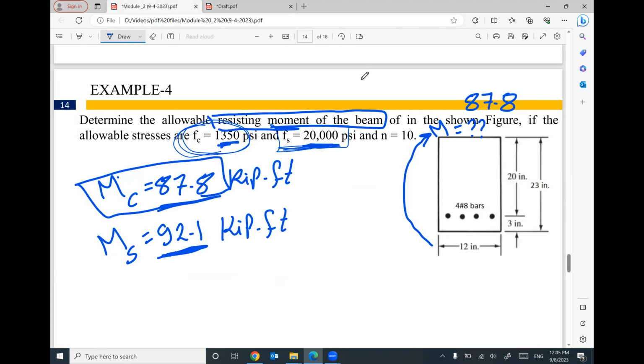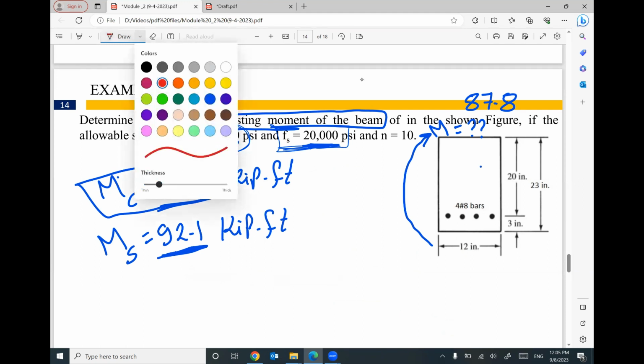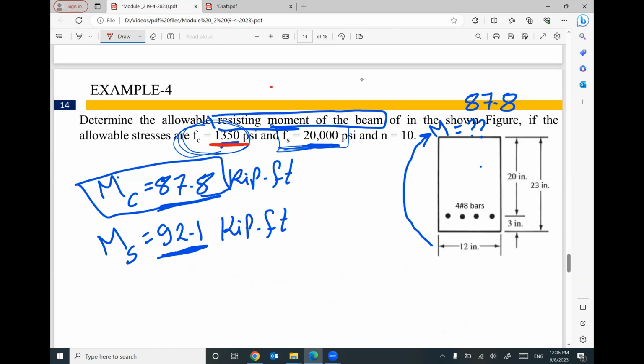We have two materials, concrete and steel. According to the given information, the allowable stress for concrete and the allowable stress for steel, concrete can support a maximum of 87.8. After this number, concrete will fail. According to the allowable stress for steel, 20,000, the steel can support until 92.1. After this number, steel will fail.